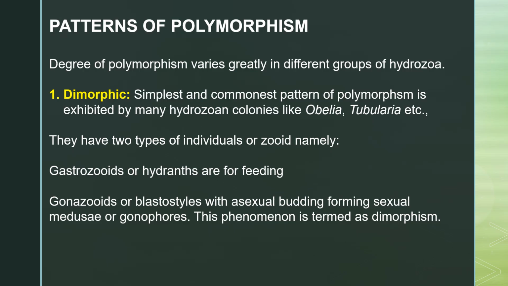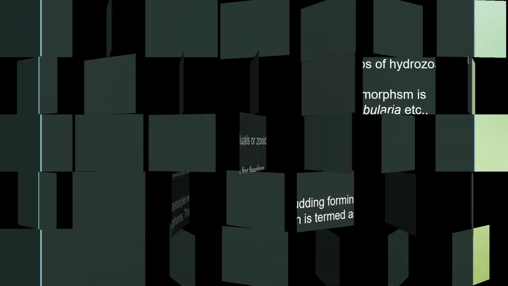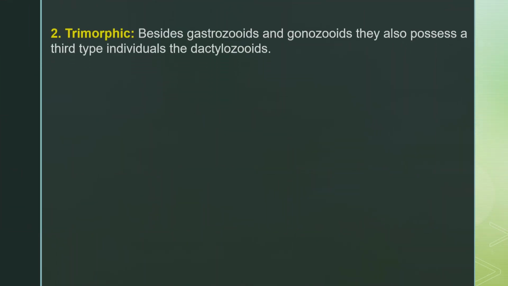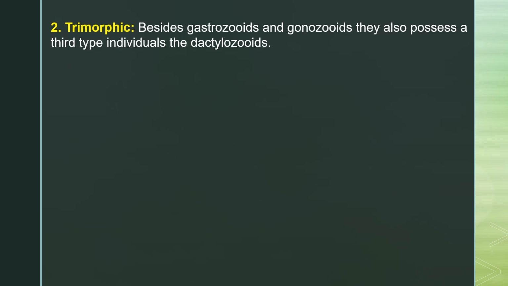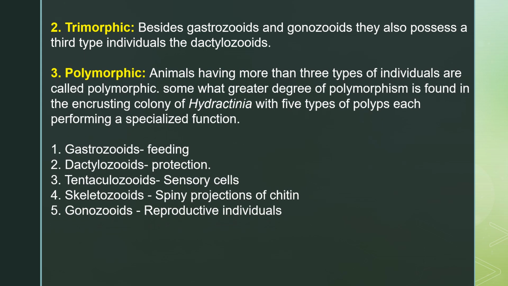This phenomenon is termed dimorphism. Then there are trimorphic forms where, besides gastrozoids and gonozoids, they also possess a third type of individual, the dactylozoids. In polymorphic forms, animals have more than 3 types of individuals.